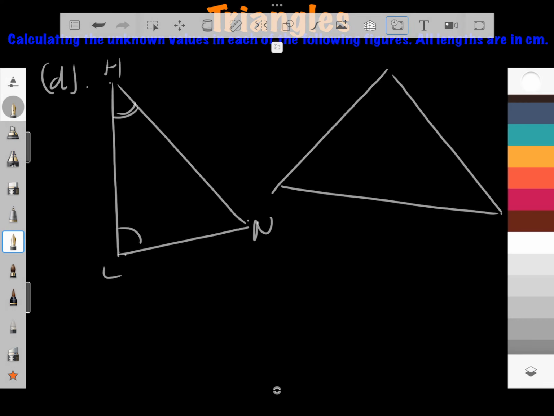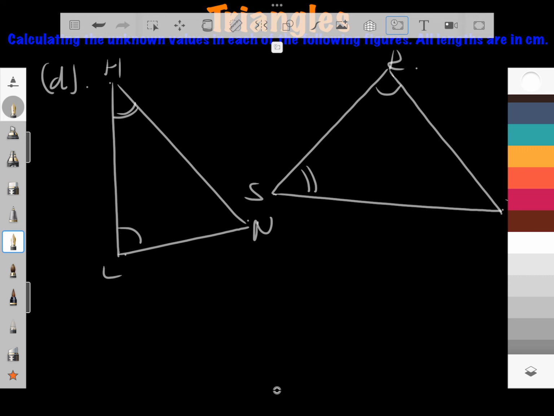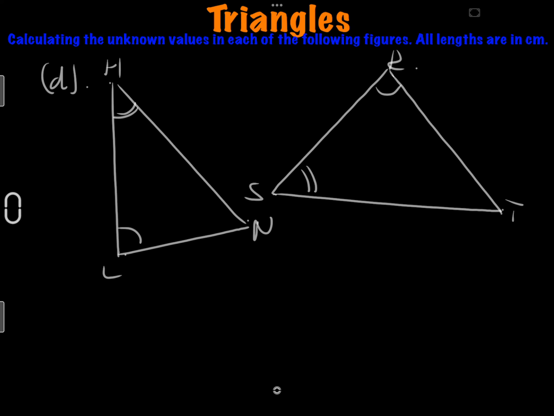Oh, is this line not straight? Okay, it should be straight now. So now we have this triangle here. We have this angle here, and then we have this angle. Now angle RST. Now we just need to look at the magnitude of these sides here.